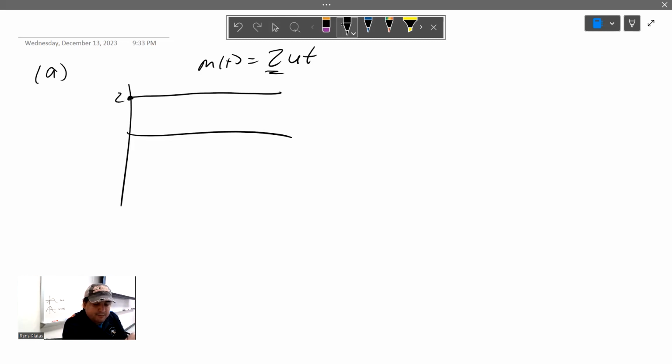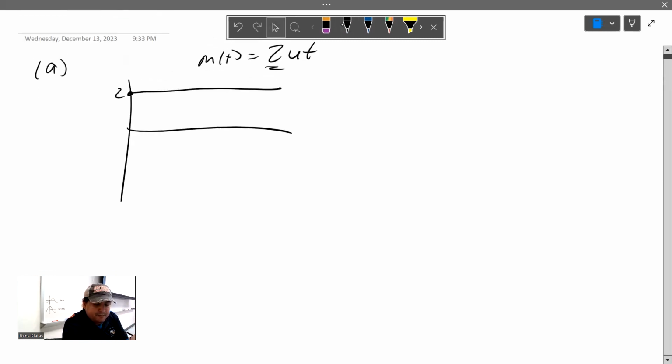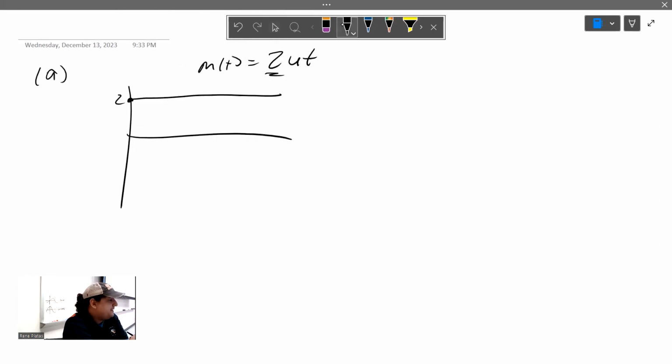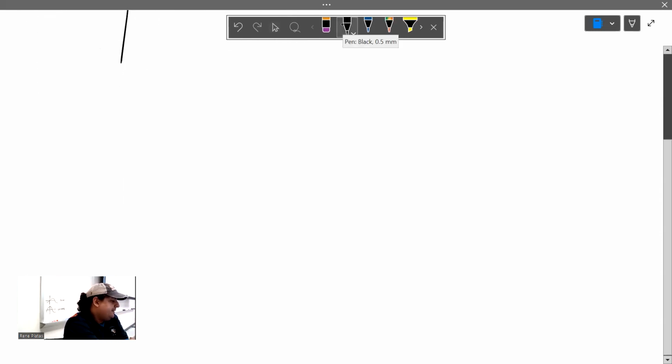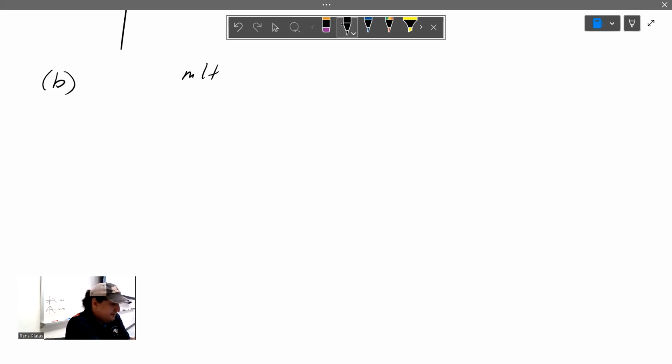Now you have to draw the output of the phase modulator. Okay, did you get that? Yeah. Okay. For B, you have to get the output of the phase modulator with m(t), k_p is equal to pi over 2. Okay, this formula says that p(t) equals k_p times m(t).